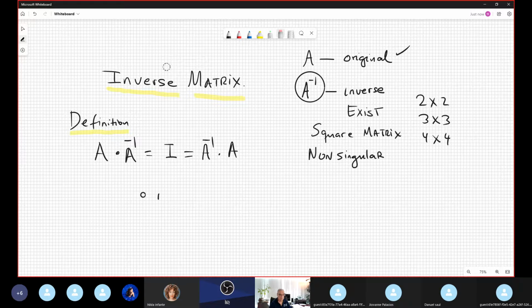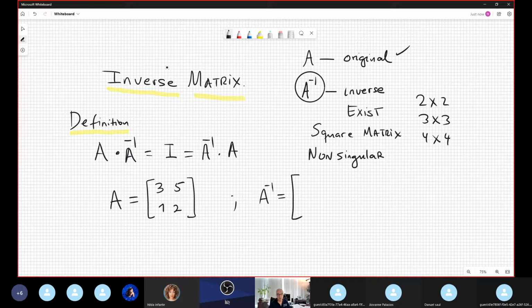Suppose that I have one matrix. The original matrix is 3, 5, 1, 2. By one magic way I found the inverse matrix.